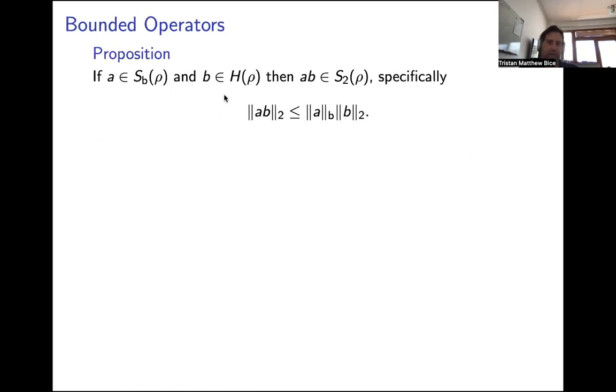We want to show that the resulting product has finite 2 norm, and specifically, you can bound it in the way you would expect: the 2 norm of AB is below the B norm of A times the 2 norm of B. So the B norm is not just the operator norm on finitely supported sections, but also on these more general sections which have finite 2 norm.